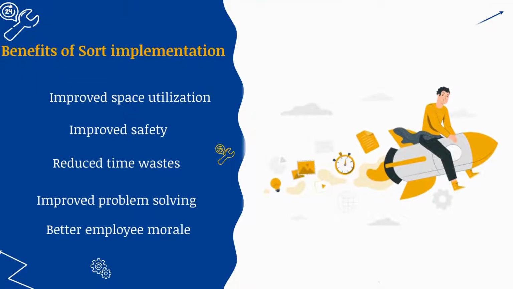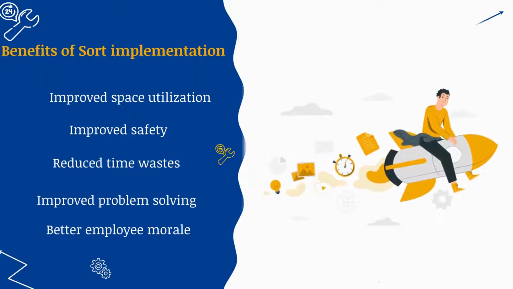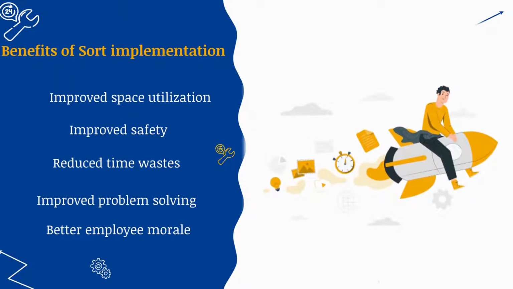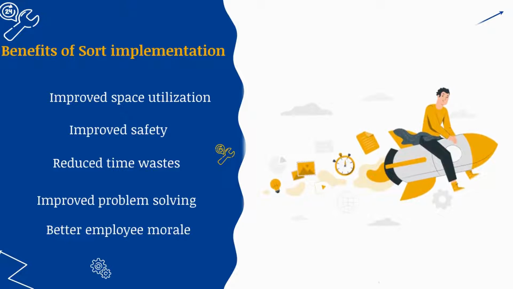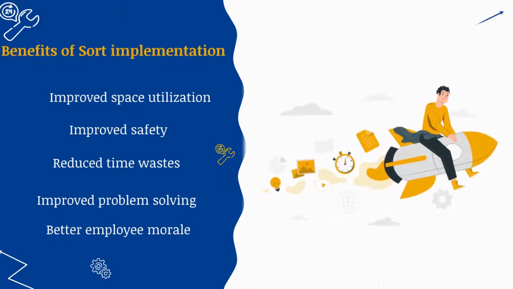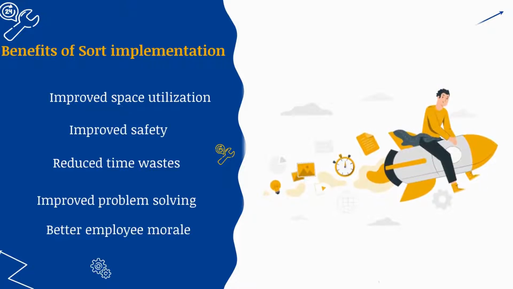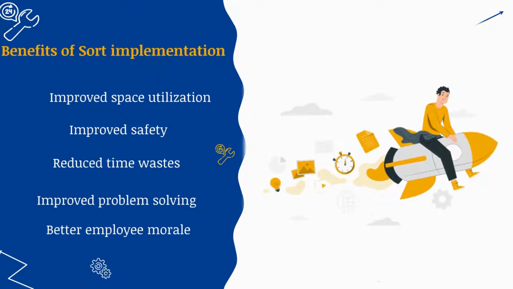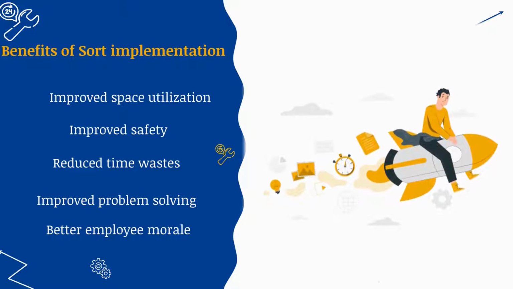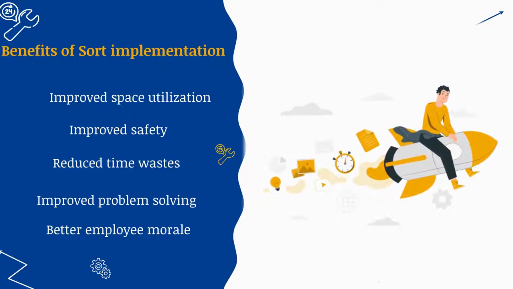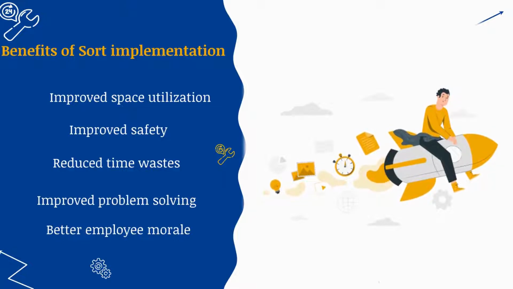Implementing sort creates an environment where space, time, energy, and other resources can be used and managed most effectively. Sort removes obstructions, hence making the workplace safer. Sort improves space utilization. By removing unneeded items, you create space for the items that you do need to do your job. Sort reduces time wasted searching for tools.